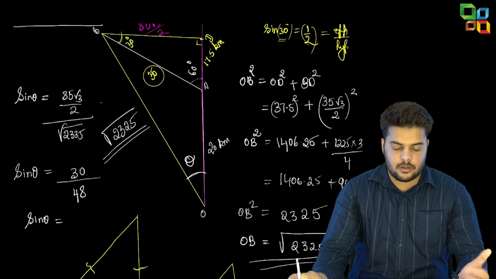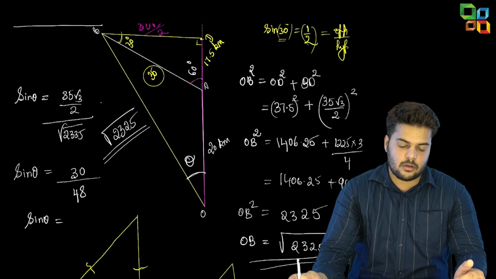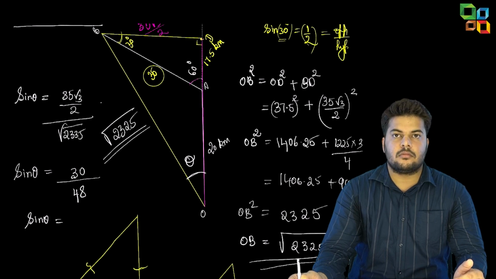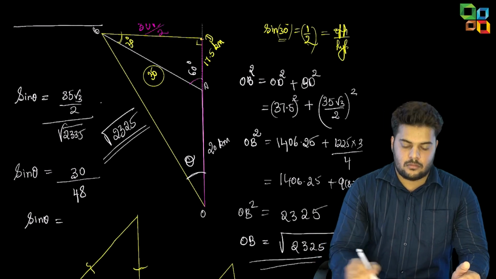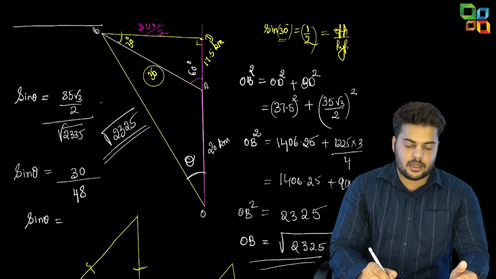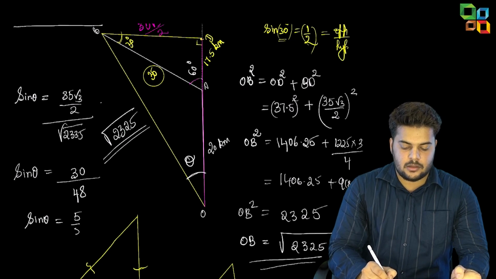That is 10 by 16, around 0.6, somewhere near there. 5 by 8, 5 by 8 is the simplified form. Yeah, that would be nice.